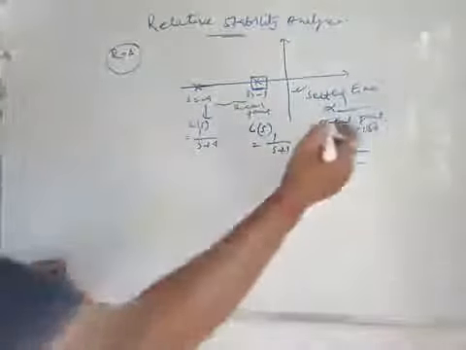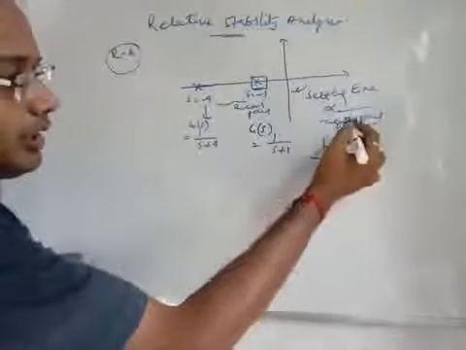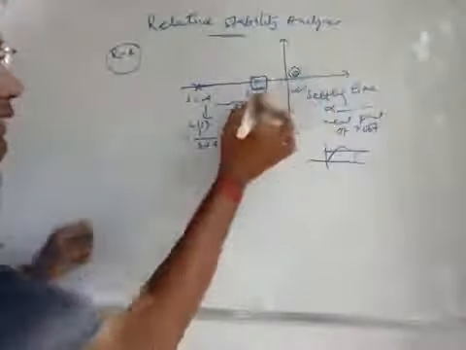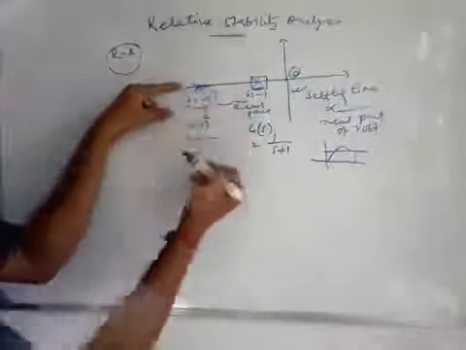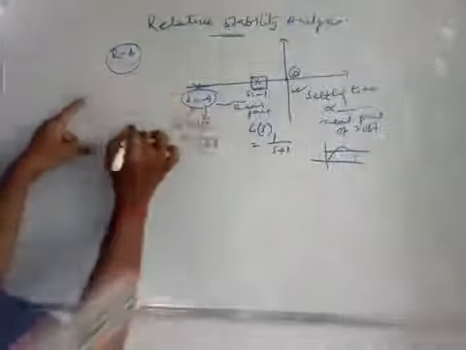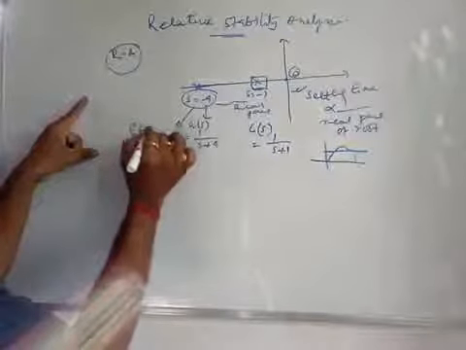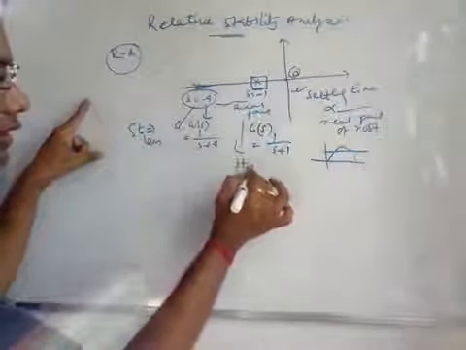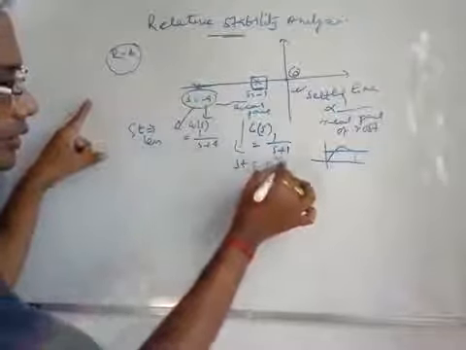So if the real part of the root is far away from the origin, say the pole which has real part -4, definitely the settling time is less. Here the settling time is high.